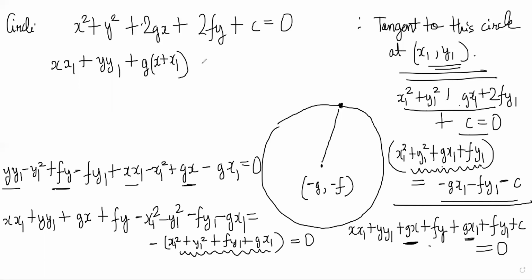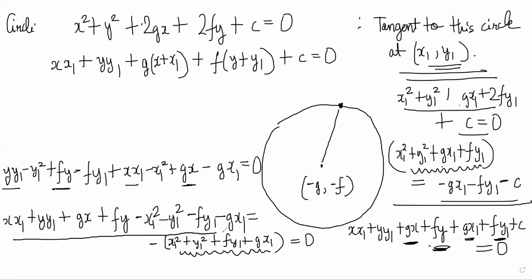Yes, but this whole part, like x x1 plus y y1 plus gx plus fy minus x1 squared minus y1 squared minus fy1 minus gx1 is equal to 0. This was the equation, right? I'm just saying take negative common here in all these terms.